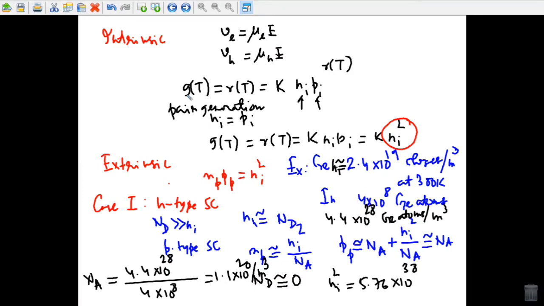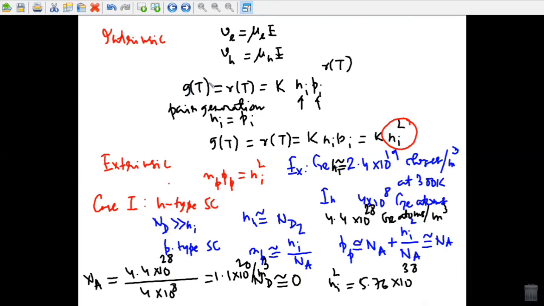Under equilibrium conditions in intrinsic semiconductors, the rate of generation of electron hole pairs, which we denote by G, is a function of temperature T and depends on the nature of the material. To maintain a constant concentration of pairs, the rate of recombination, which we denote by r, is a function of T, depends on the properties of the material, and is proportional to the concentrations of the two charges, and must be equal to G(T).